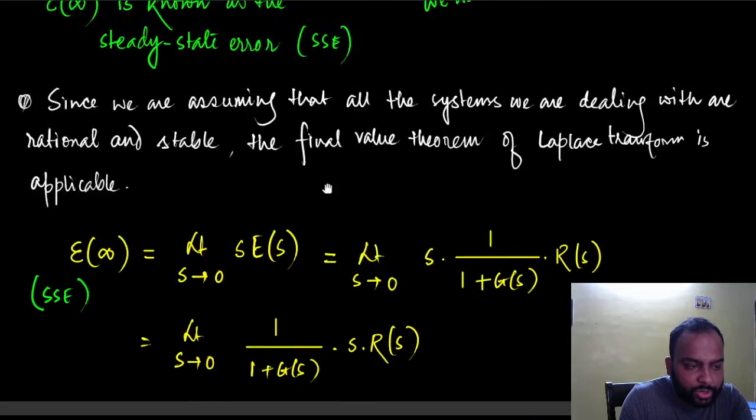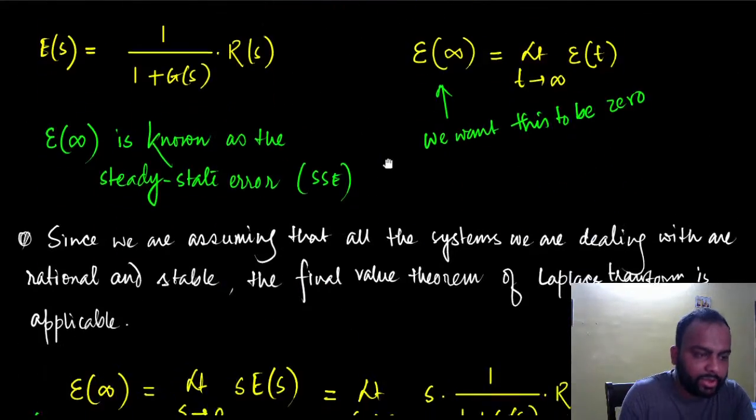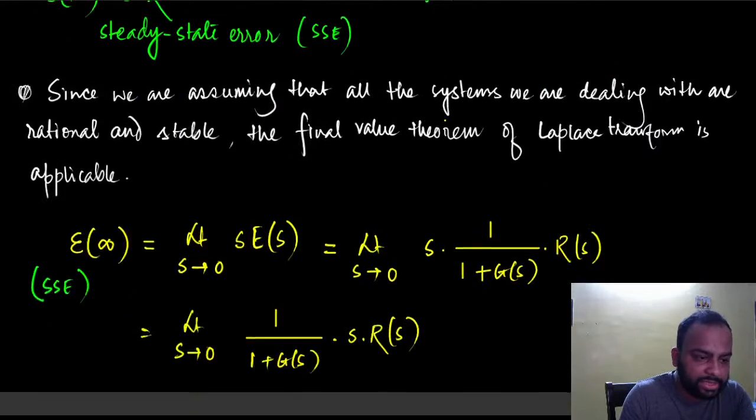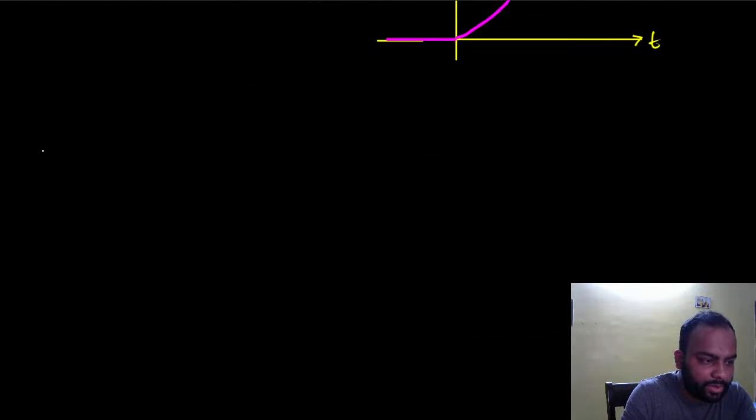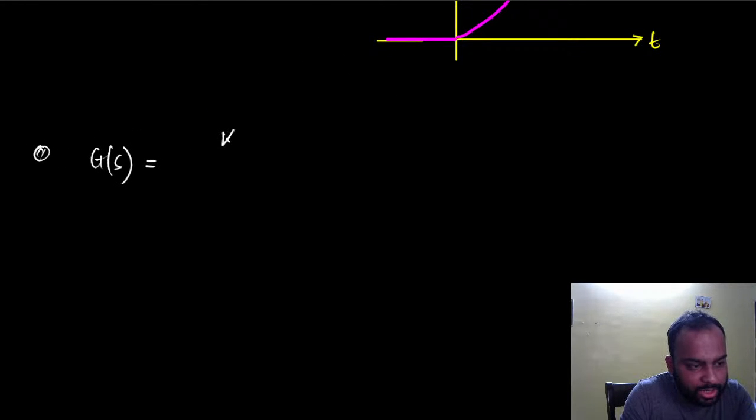Okay, so now let's consider special cases. Consider the case where the forward transfer function looks like this: K divided by tau s plus 1. It's a simple first order transfer function.